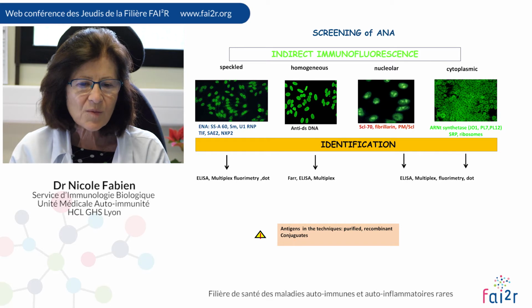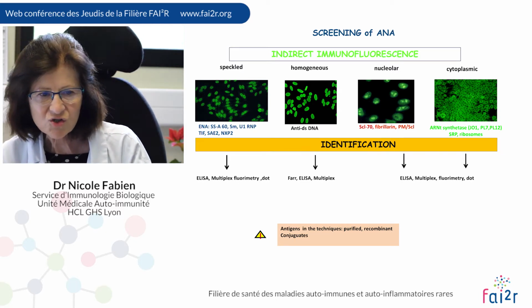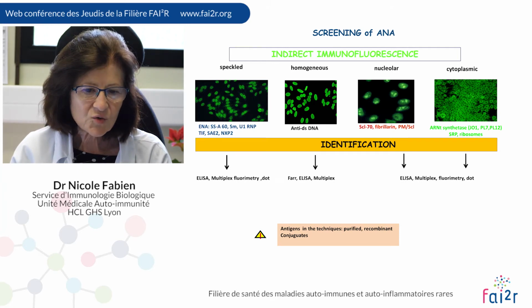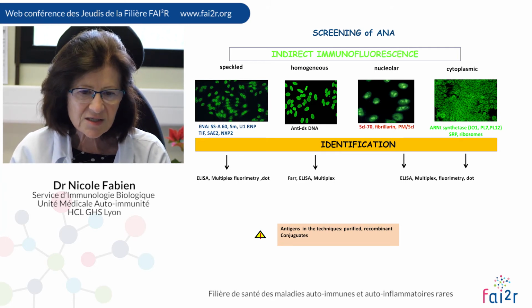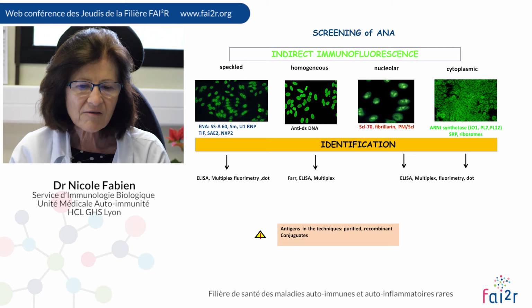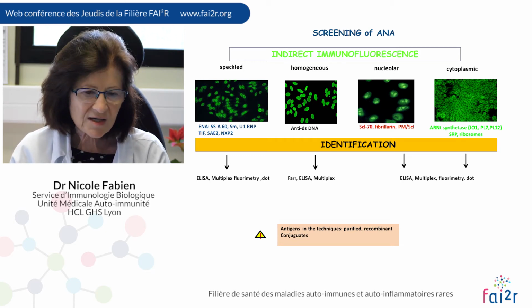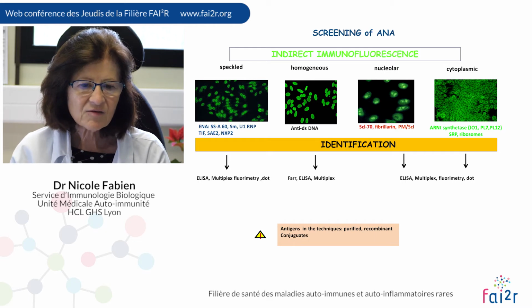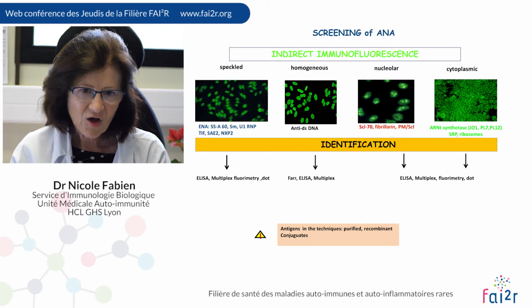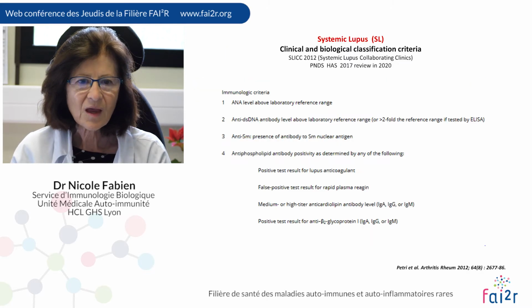We use some techniques other than indirect immunofluorescence, ELISA, DOT, but here you have to be aware and cautious of the technique used, because the antigens used in the technique have been purified or recombinant, or sometimes conjugates are different and can give false positive and sometimes false negative reactions.